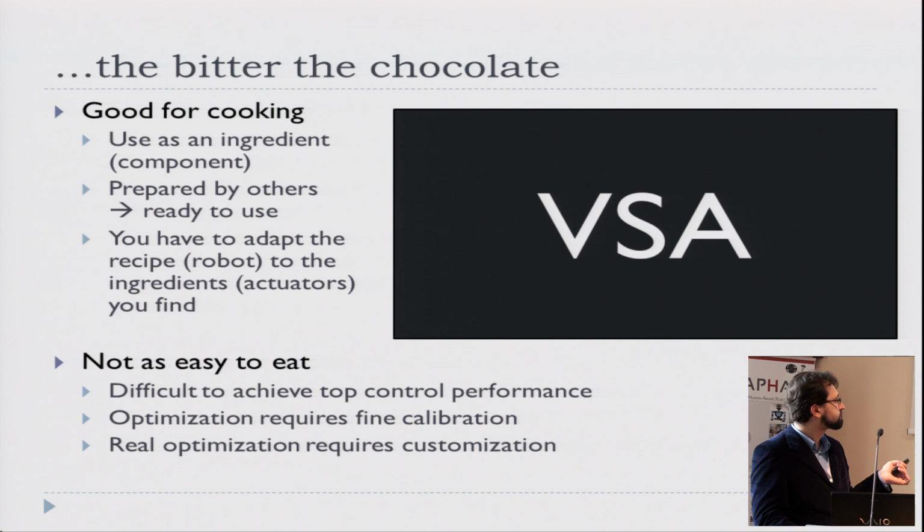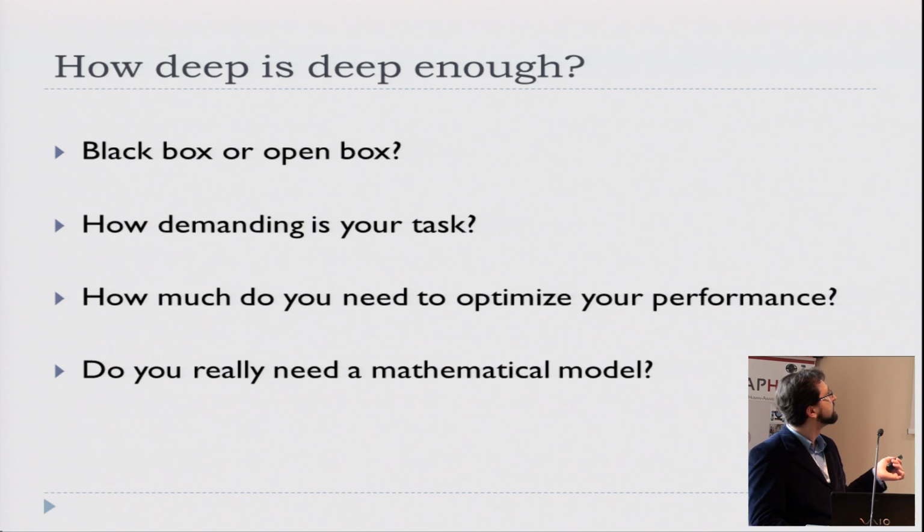To achieve top performance with the black box robot, the optimization requires very fine calibration, and the real optimization often requires customization of the device. But this is for everything. If you could, you would choose your perfectly exact DC motor, but you have those on the market, no? So, once again, how deep is deep enough?